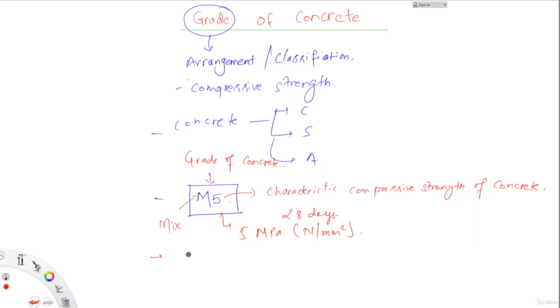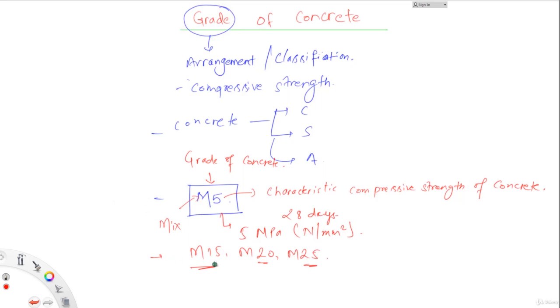Similarly, we have other grades such as M15, M20, M25. Here this concrete has 15 megapascal strength in 28 days. This concrete achieves 20 megapascal strength in 28 days, and this over here achieves 25 megapascal compressive strength in 28 days.